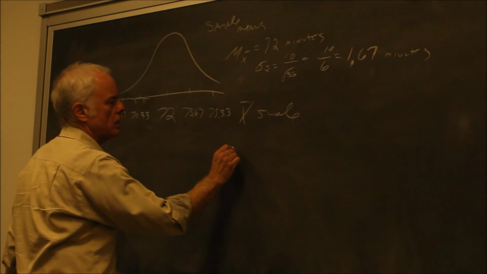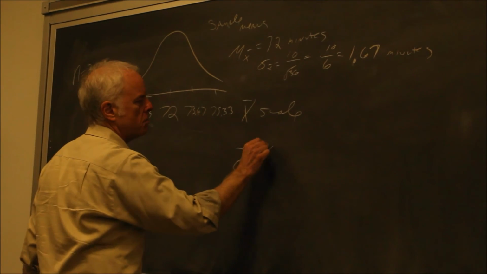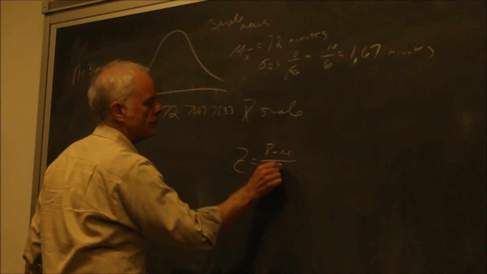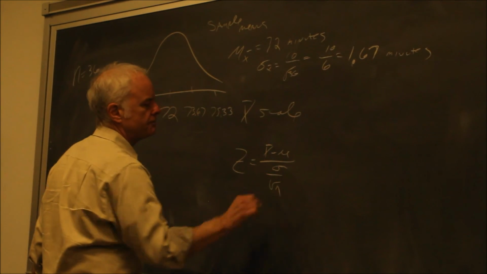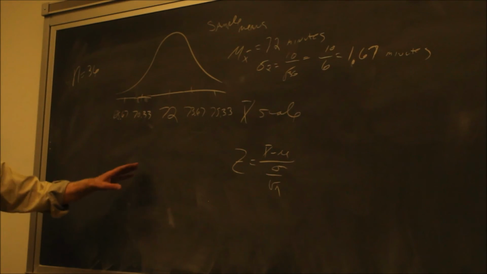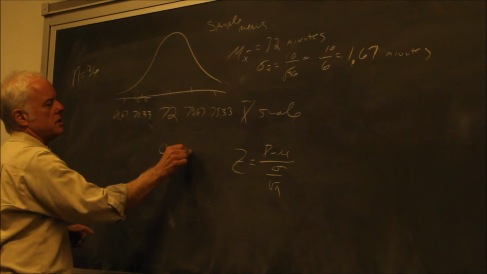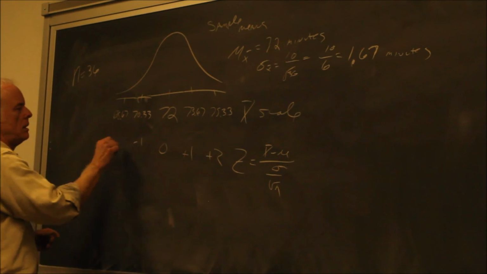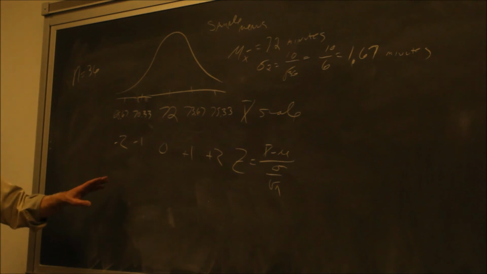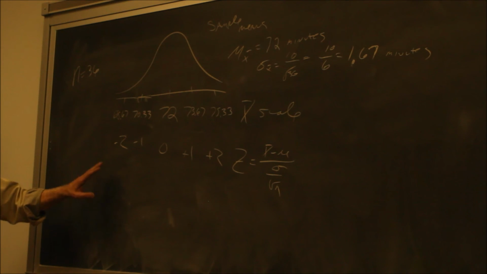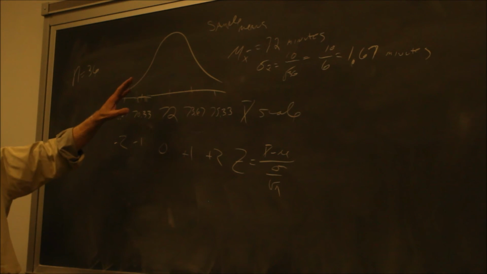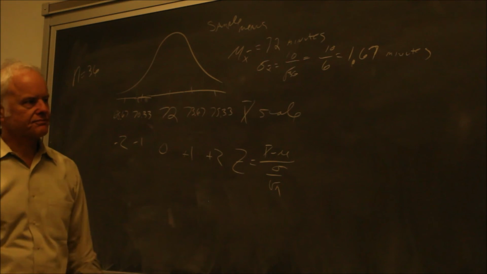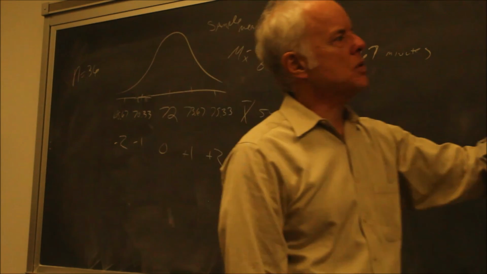And so on the z-scale, z is equal to x bar minus mu divided by sigma divided by the square root of n. And so if I were just to convert these to the z, those would be the reference points as it relates to z. And so with this distribution, we'll ask the same question.